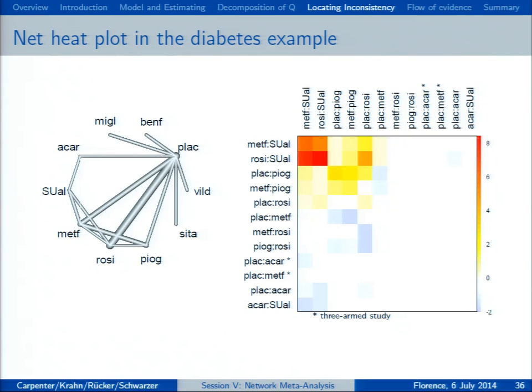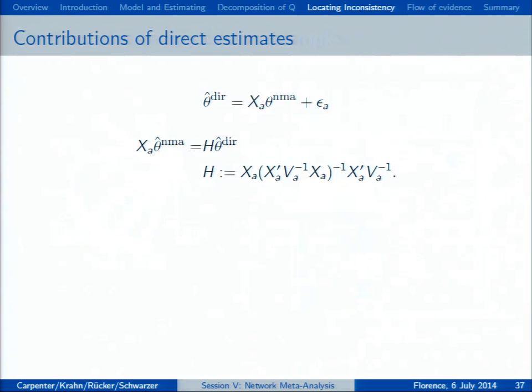Since one deviating effect in a network might have side effects on the network estimates of other designs, we also want to visualize the evidence flow in this network, also in this plot. Therefore, we have a look at the edge matrix, which projects the direct effect estimates to the network estimates.